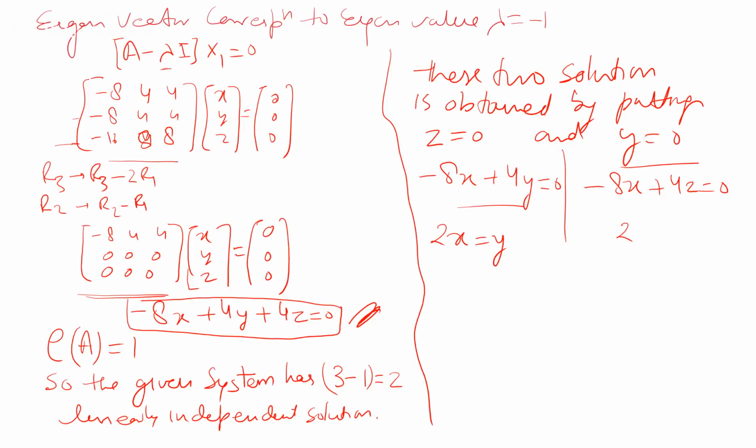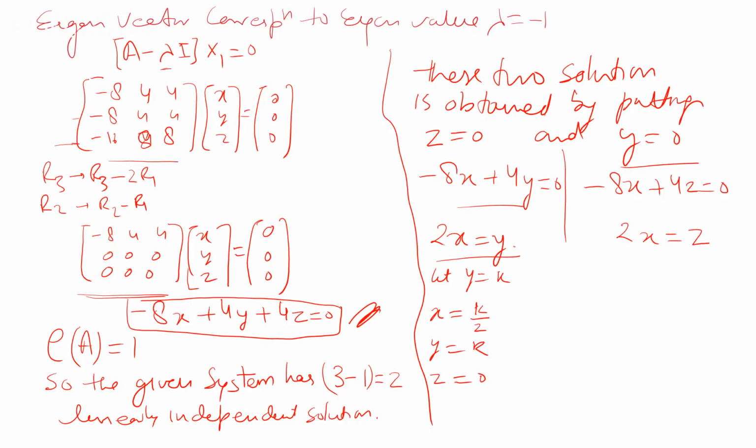Let y equal to k, so x is k by 2, y is k, and z is 0.